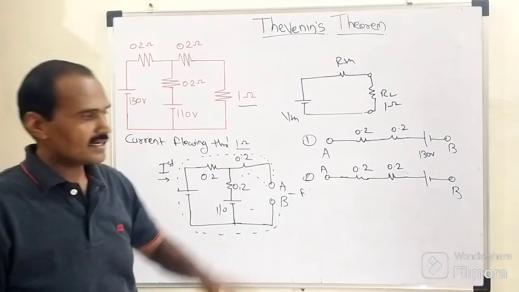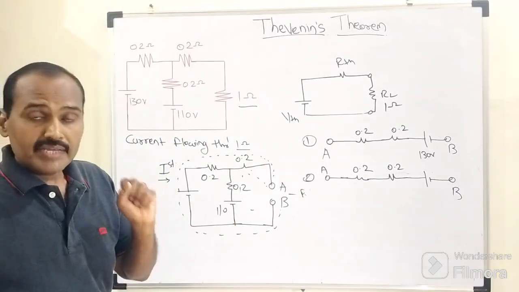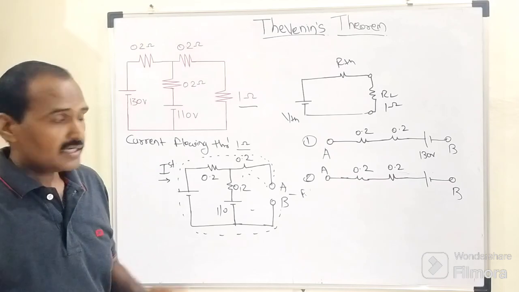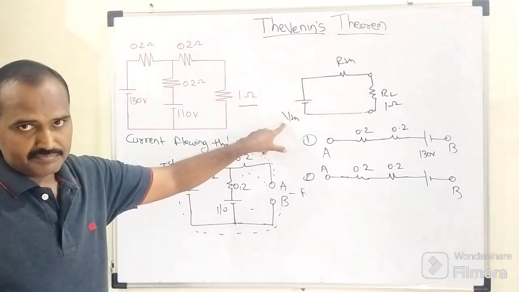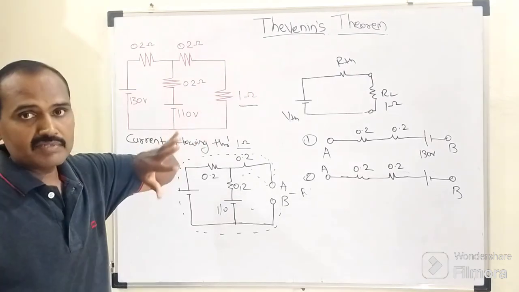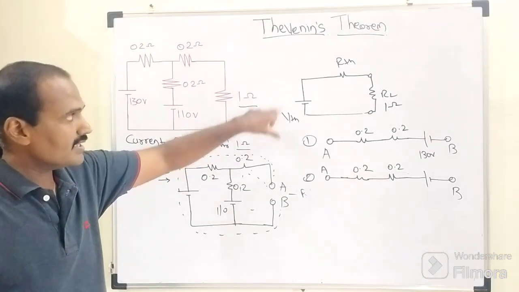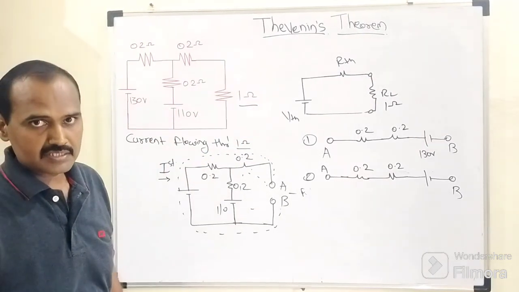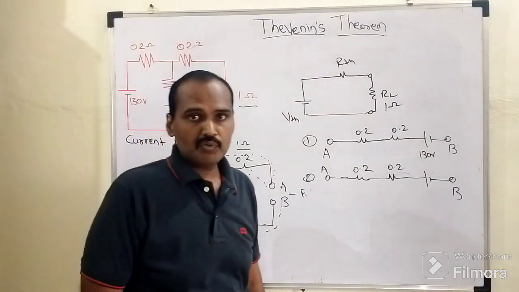Out of the two conducting paths, we need to adopt any one to determine the Thevenin voltage. Because according to the basic theory of the Thevenin circuit, we need to determine the Thevenin's voltage and the Thevenin's resistance. So how to get the Thevenin's voltage?